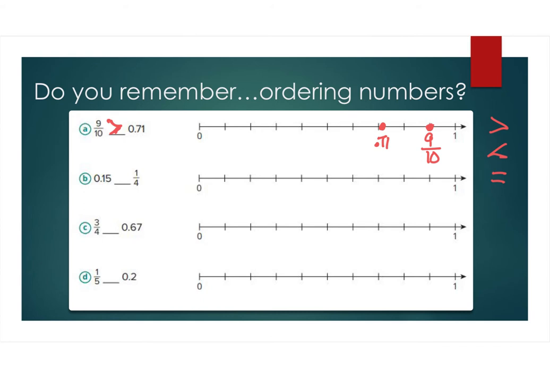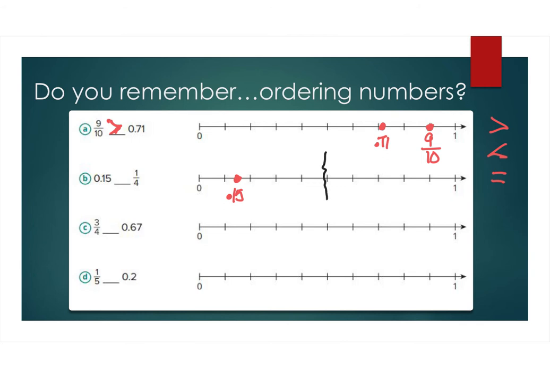So here we have 0.15, so that's going to be halfway in between 0.1 and 0.2. And 1/4. So 1/4, that means I need to split this whole thing into fourths.